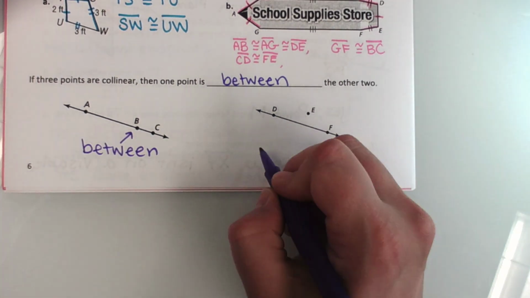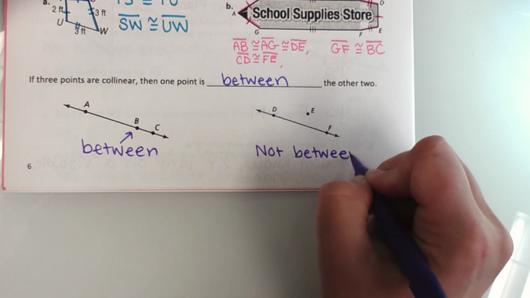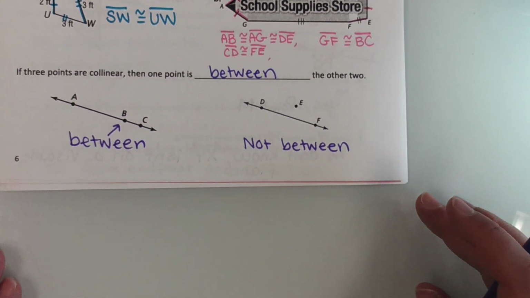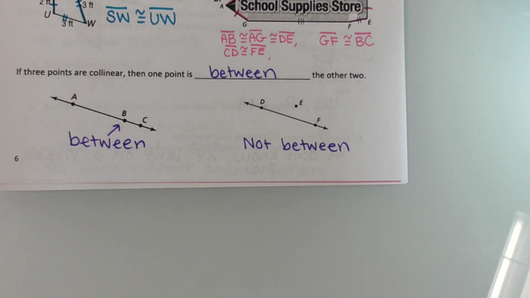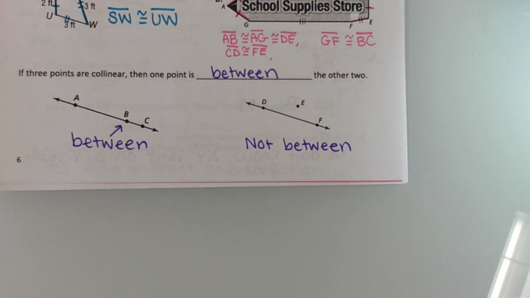But on this one, E is not technically between. Between has to be on the same line. And that leads us to some math that we can do when you have collinear points with one point between on a segment.